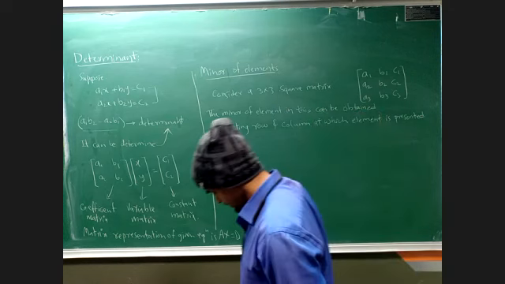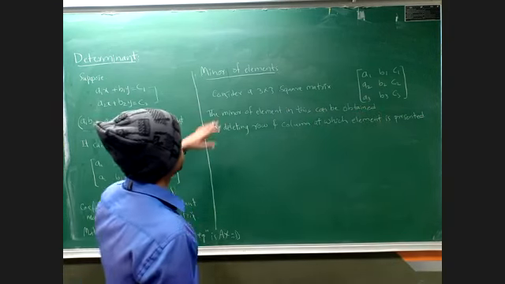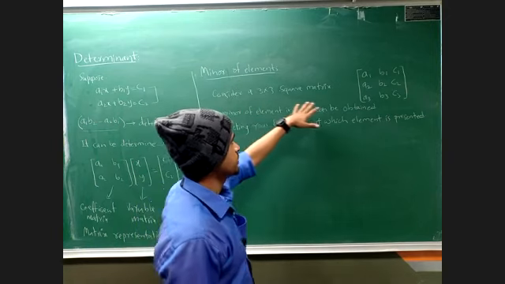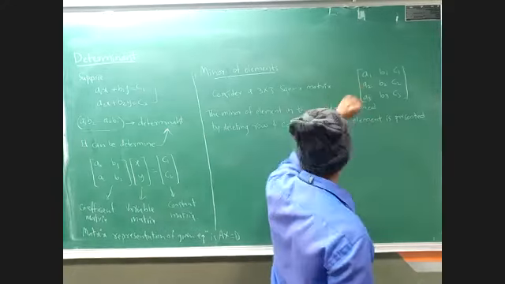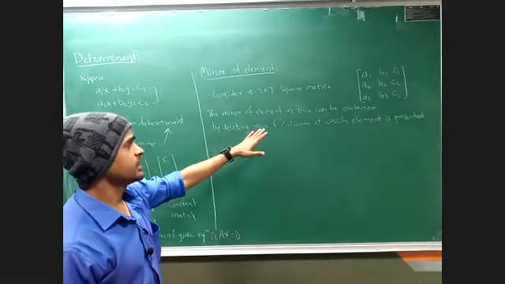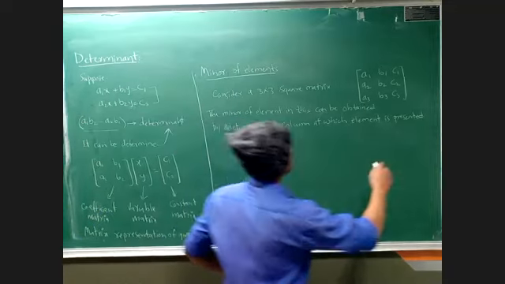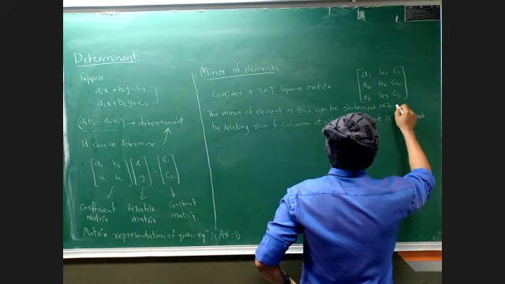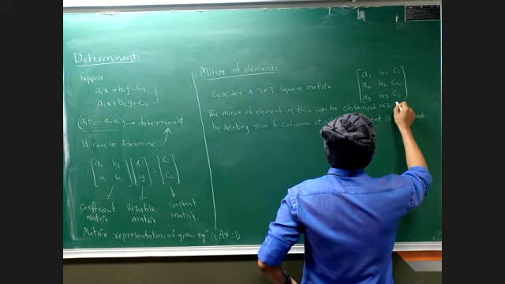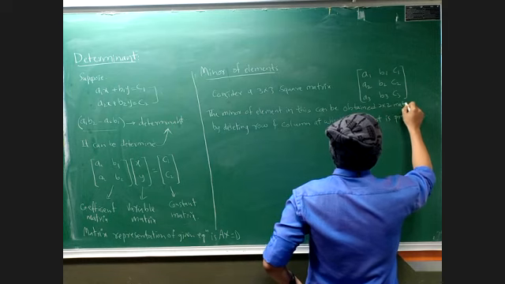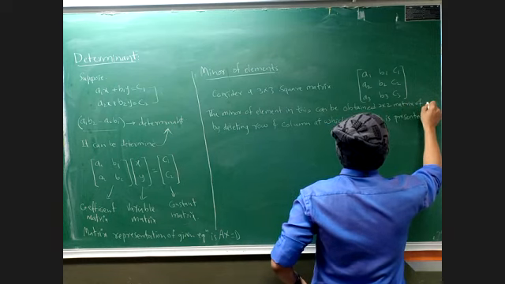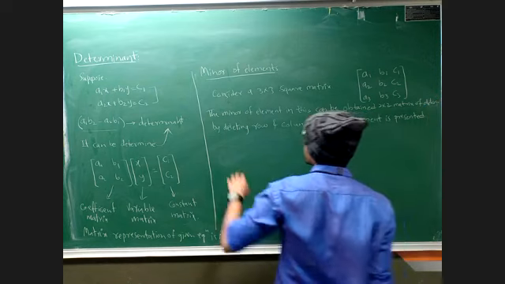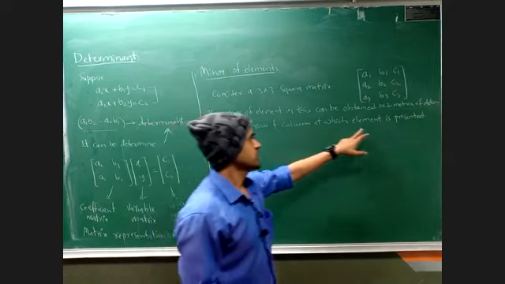So the minor of an element is nothing but, in a 3 by 3 square matrix, the determinant of the 2 by 2 matrix obtained by deleting the row and column at which the element is presented.